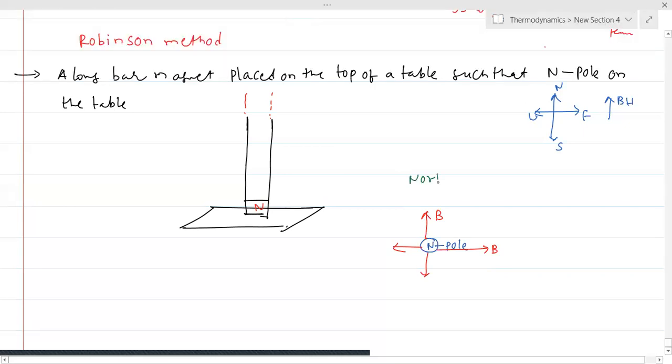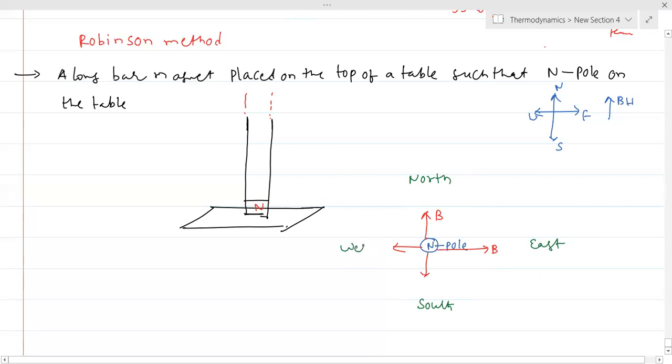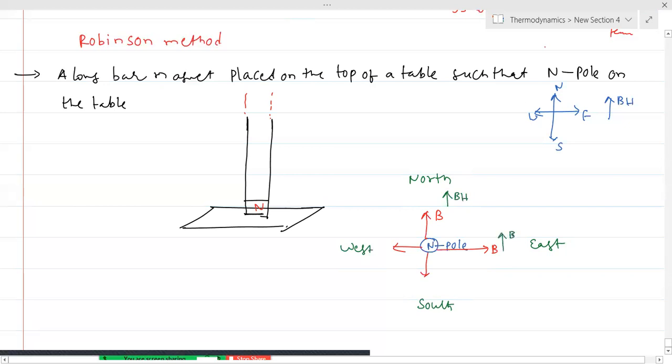Suppose this is the north direction, this is the south direction, this will be the east, and this will be the west. We know that BH is always towards north.